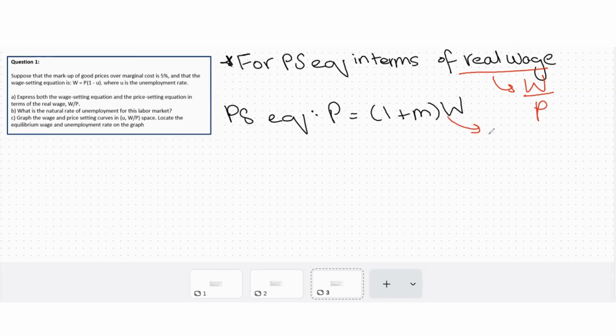Where does this come from? We assume in the WSPS model, firms charge a constant markup over marginal cost, where your marginal cost is your nominal wage.